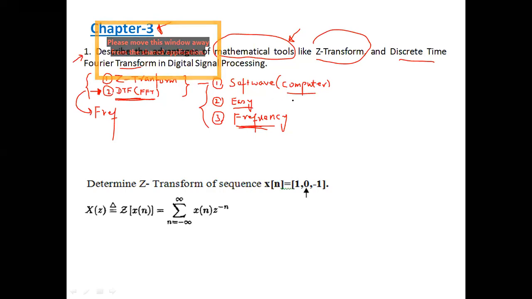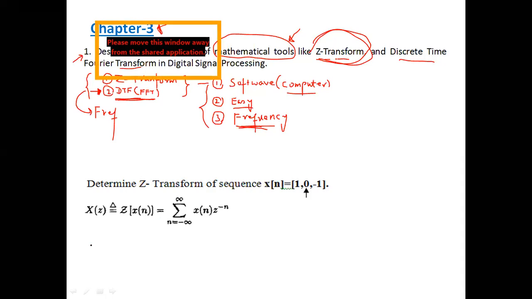But it's not included in the exam. Not only this DFT, chapter 4 also, the design realization, we will discuss, but it's not included in the exam. So your exam is up to Z transform. Chapter 1, chapter 2, chapter 3, only Z transform.